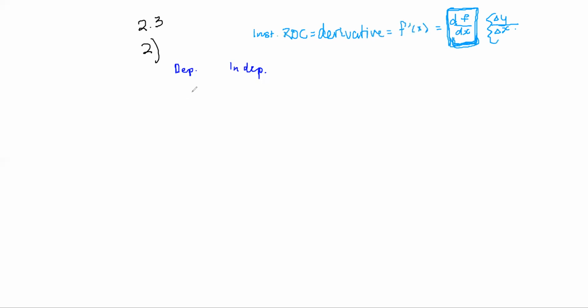So weight is going to be my independent variable. I can manipulate weight, and if I manipulate weight, it changes the cost. So it's going to be C of W equals some function of W.